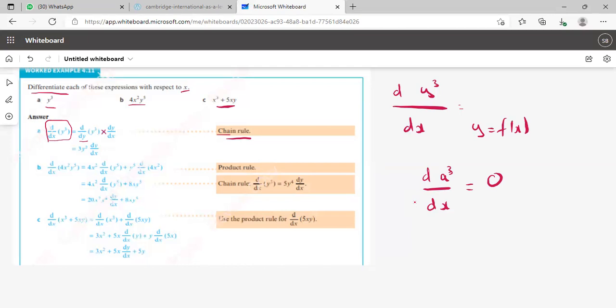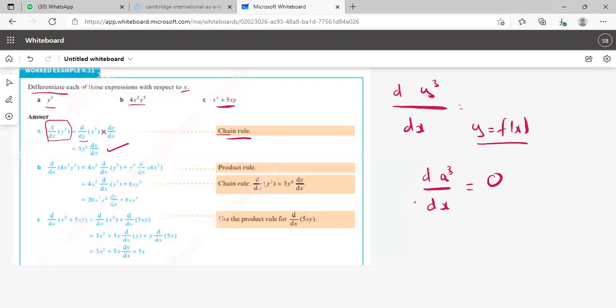You are not able to write down y as a function of x because of some complication, but y is a function of x. And whenever you have been asked to differentiate something with respect to x, where you have both x and y mixed, that is the case of implicit differentiation, number one. Number two, you can never ever write down 0 directly because y is a function of x, okay? There is some x in this y which you don't know. But if you get to know that, you simply need to differentiate that with respect to x, and this is how you have to solve it. Okay?